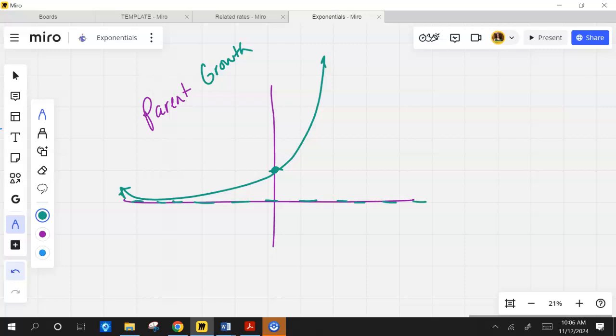It's hard to give a parent on this one, something like 2 to the x, because the base varies. But what I want you to see is this is the one we start shifting, based on what the base is.